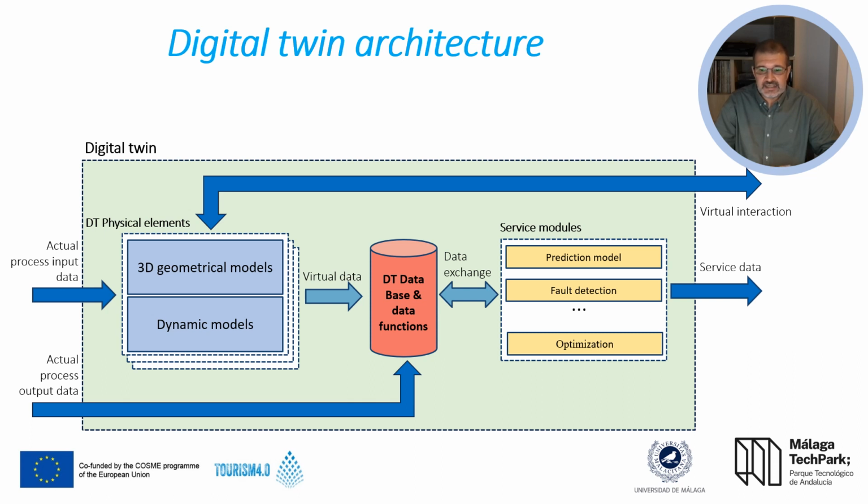This is the general architecture of the digital twin, and because it's so general, after this slide I will show you an example of a real system that uses a cyber physical approach with a digital twin.